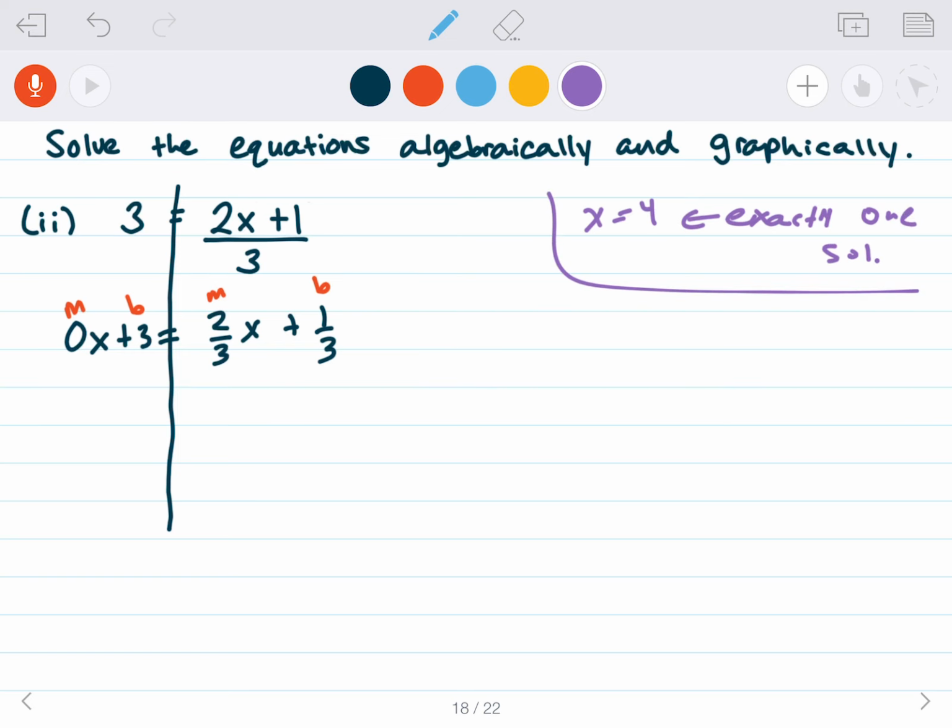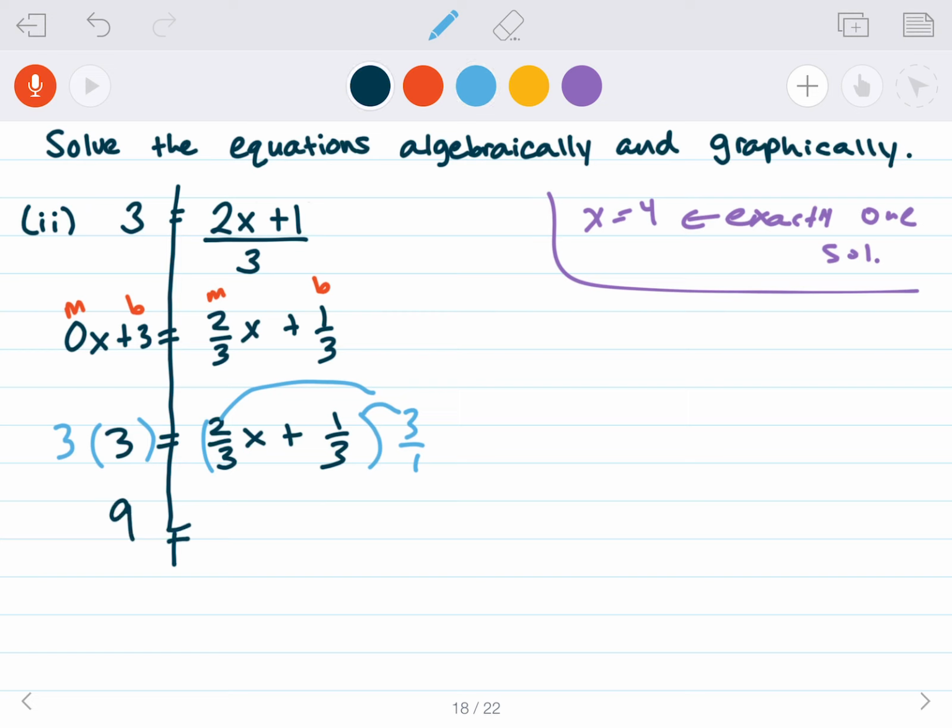Now let's do this algebraically. So on the left side, the 0x is just 0. So we have 3 equals 2/3 x plus 1/3. And I can clear the fractions by multiplying both sides by 3. On the left side, 3 times 3 is 9.